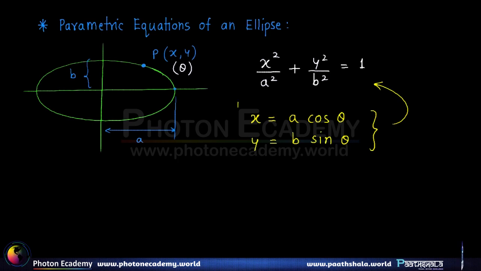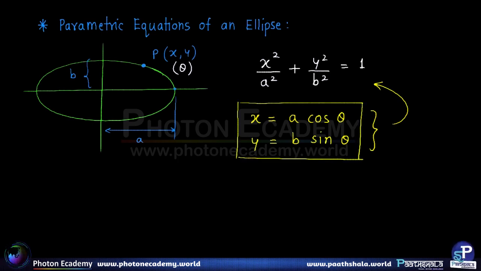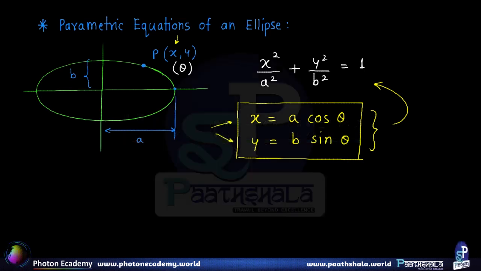So therefore these are called as the parametric equations of the ellipse. That means each point on the ellipse can have the coordinates given by these two parametric equations, and these equations use the eccentric angle of that same point. So we have to remember the parametric equations of the ellipse as x equal to a cos theta and y equal to b sin theta.